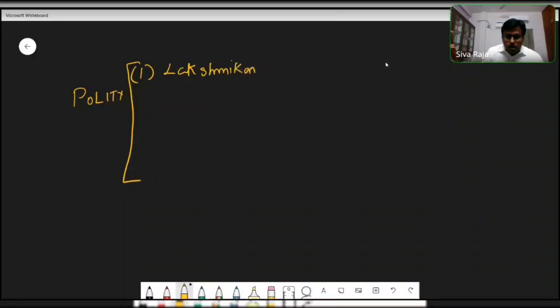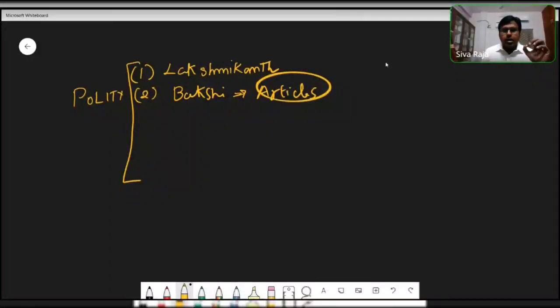Any recent edition is very good, but I would also want you to refer a little, not the full book, a little about Bakshi. Only certain articles, just to look at them. Looking at them just once will give you a higher understanding.